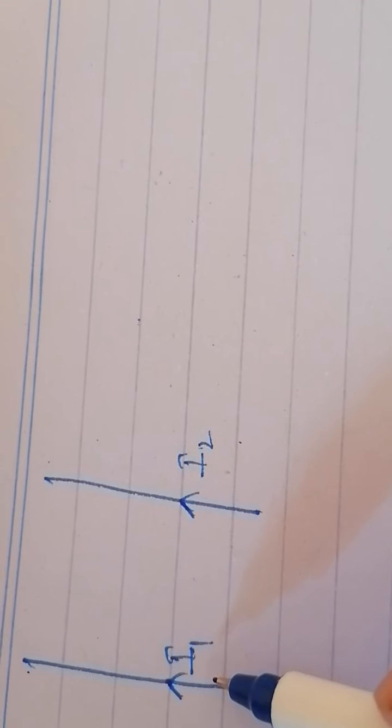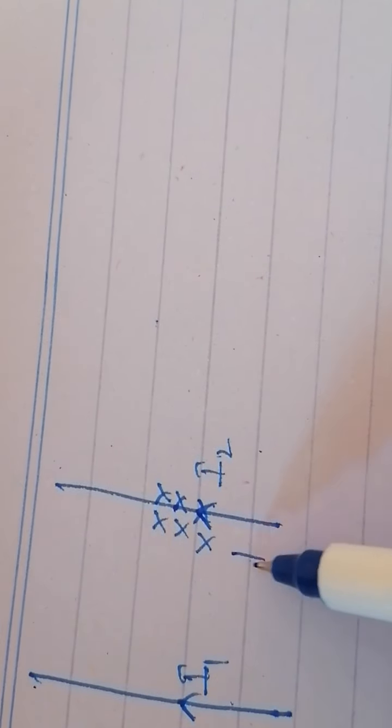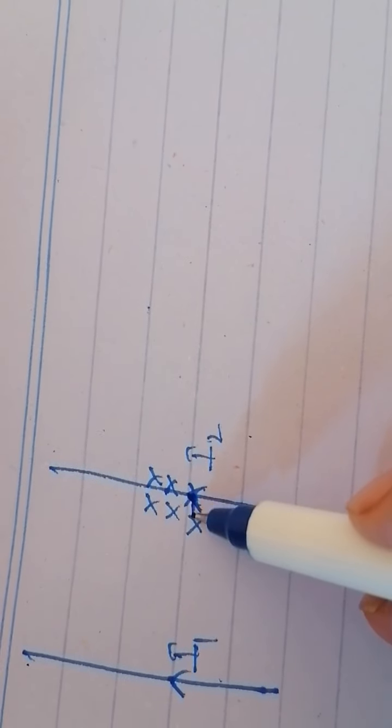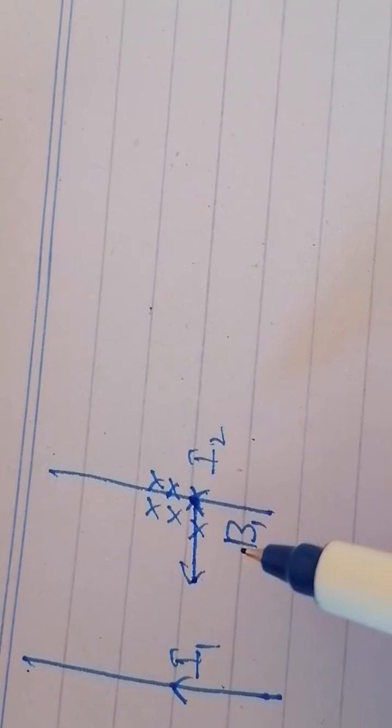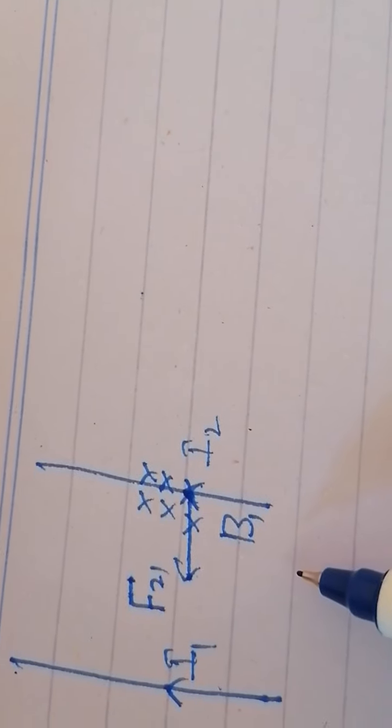So its magnetic field at this location will be inward. It will produce its B field B1 here. So when it produces the B field here, this B1 will exert a force on this wire towards this. That force, for example, we say F21, the force on 2 by 1.